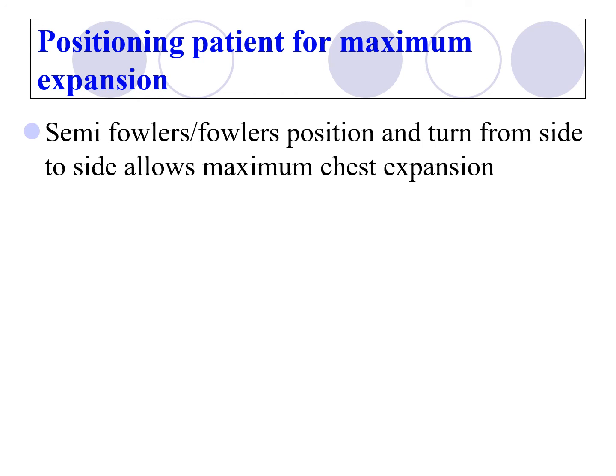Also, when we put him in a semi-Fowler position, which is a semi-sitting position, it is at 45 degrees, so he will be lying in bed with a back support at a level of 45 degrees.